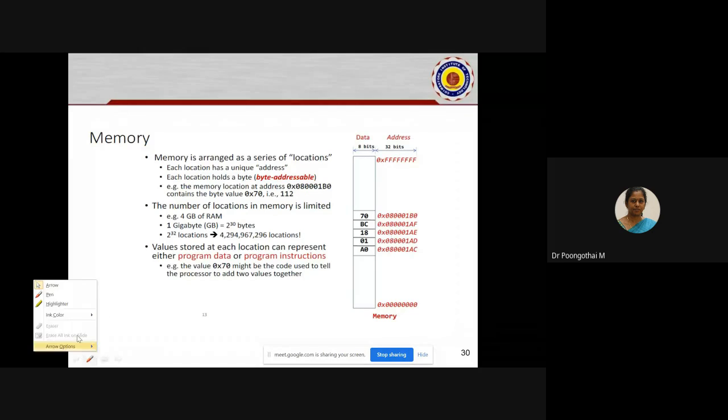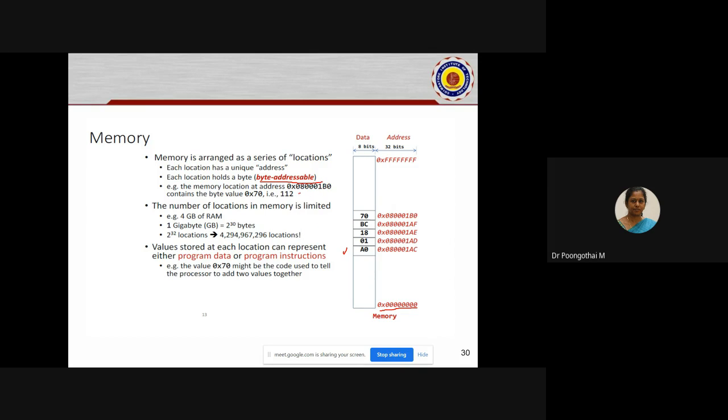Coming to the memory, this is the memory structure to be followed in your Cortex M3 and M4. The memory address size is 32-bit and each memory location can hold 8-bit data, so it is a byte addressable regime.